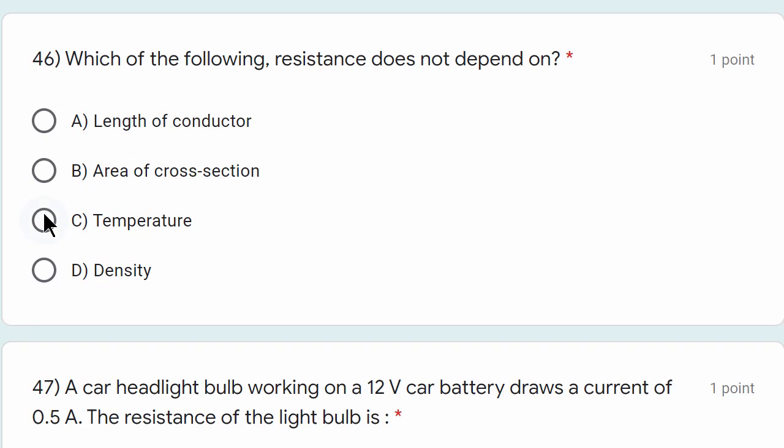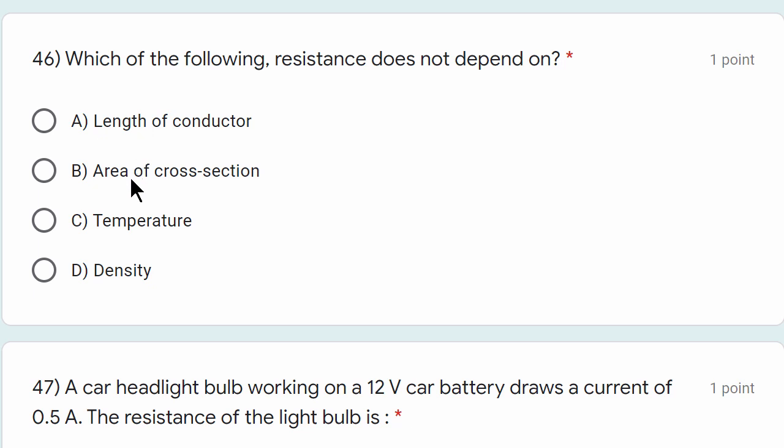Which of the following does resistance not depend on? This is the question. The resistance formula says it depends on length of the conductor, directly proportional. Longer the conductor, more is the resistance.